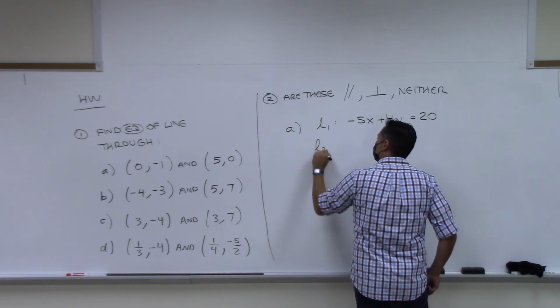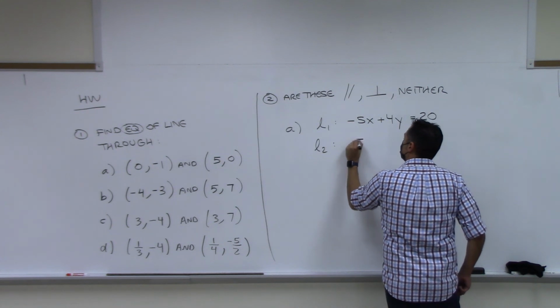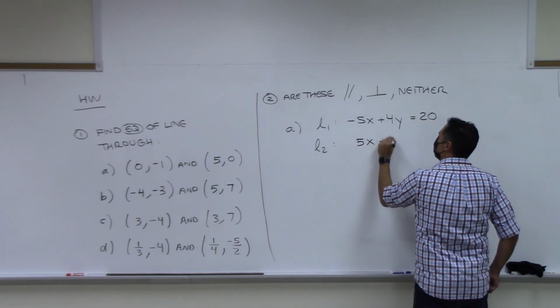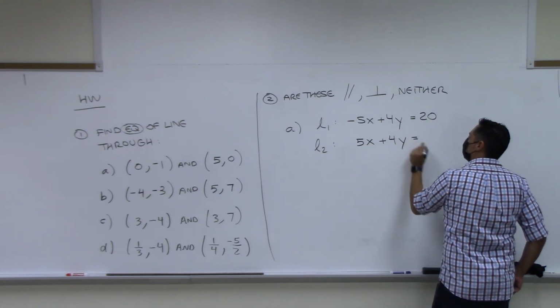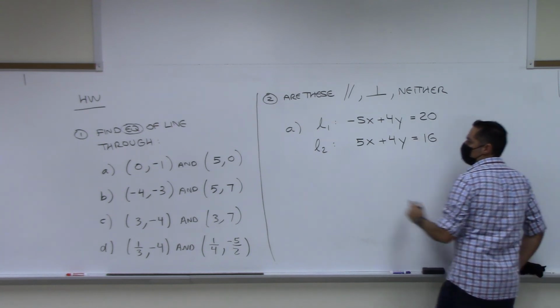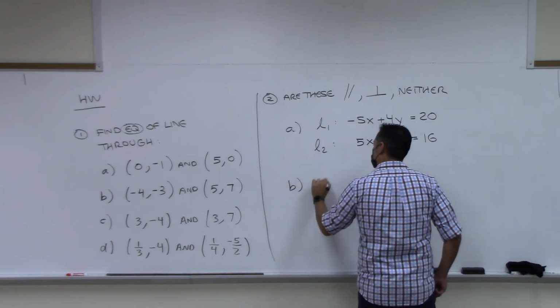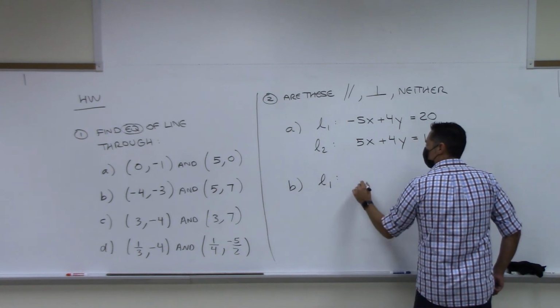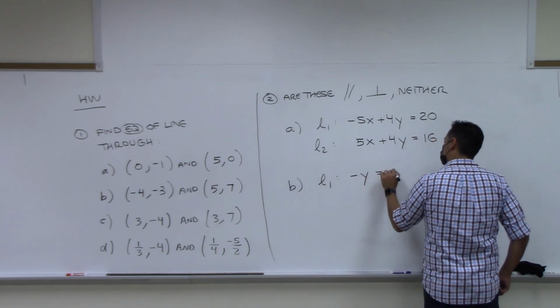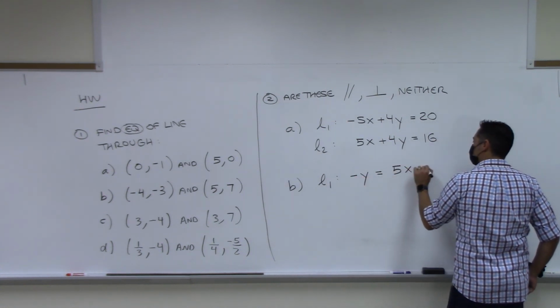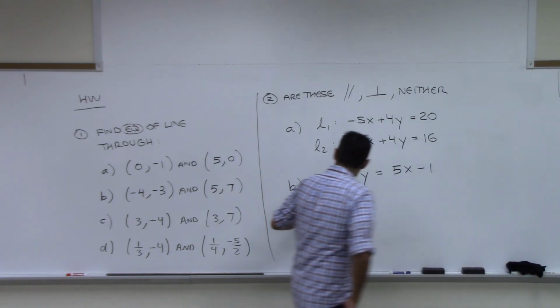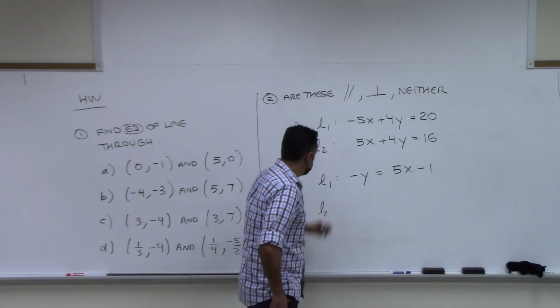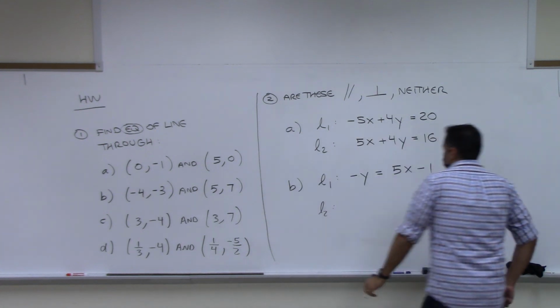And then L2 is 5x plus 4y equals 16. Part B, L1 is -y equals 5x minus 1.